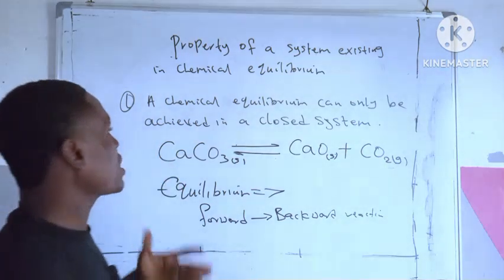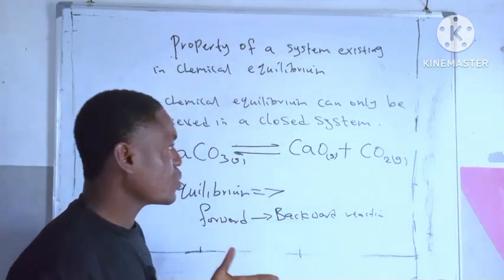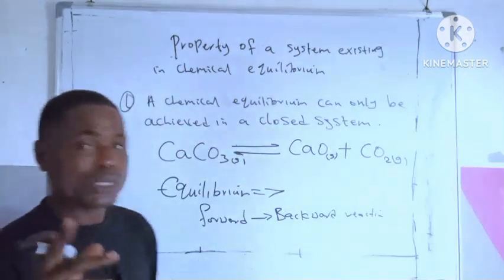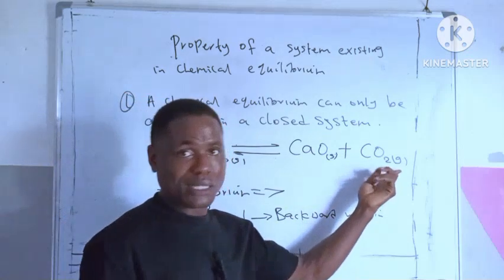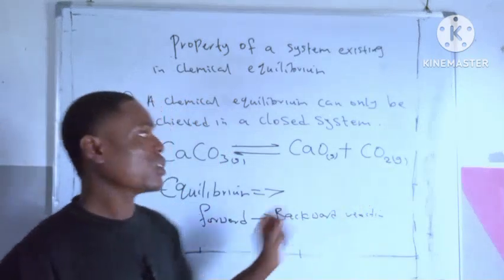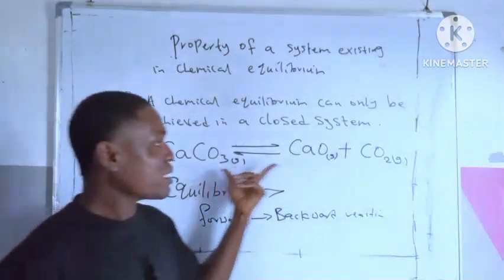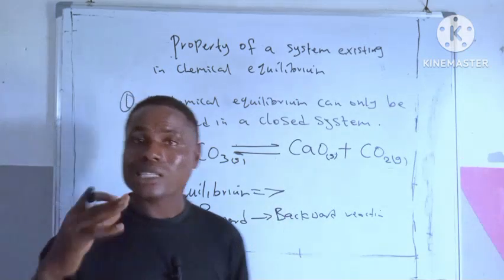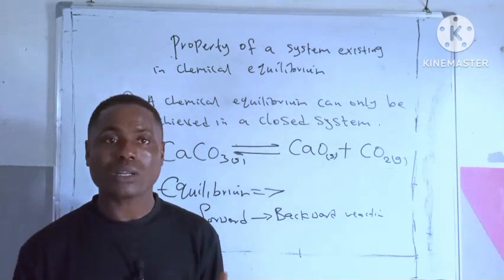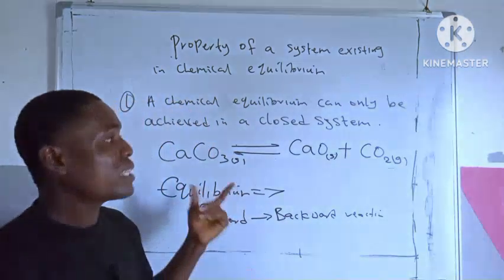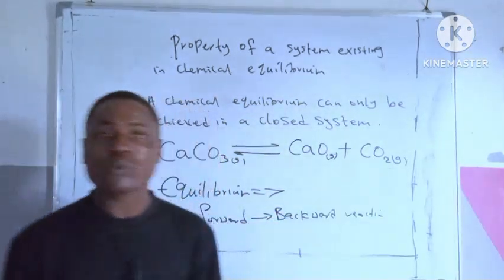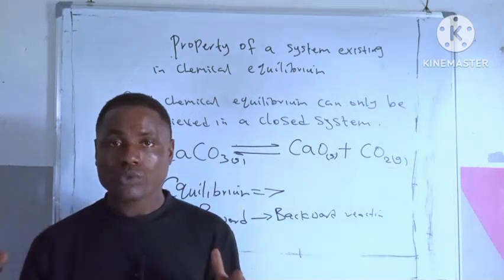Now, let me explain the meaning of this. A chemical equilibrium can only be achieved in a closed system. From this chemical equation, you will notice that carbon(IV) oxide is a gas. So if this reaction is taking place in an open vessel, outside a container, then when the reaction is taking place, the carbon(IV) oxide will escape to the atmosphere.